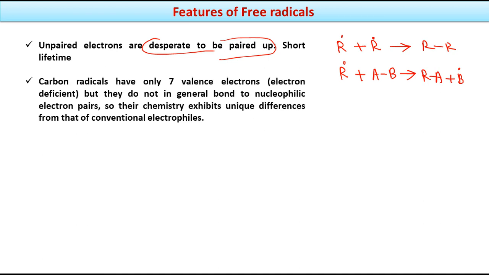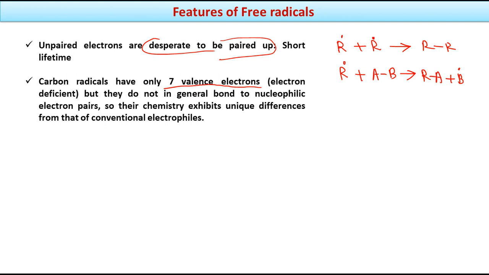intermediate. Now the very important point, this second statement, that carbon radicals are having 7 valence electrons. So obviously they are electron deficient, they will try to have one more electron, but don't consider them as conventional electrophiles, because conventional electrophiles try to react with nucleophiles so that they can get some electron pairs.